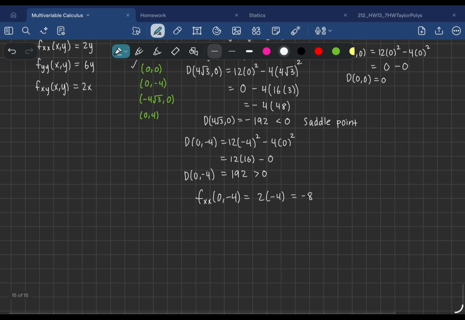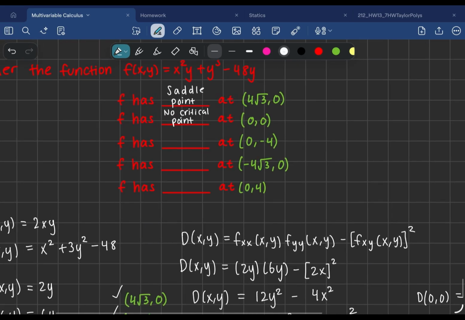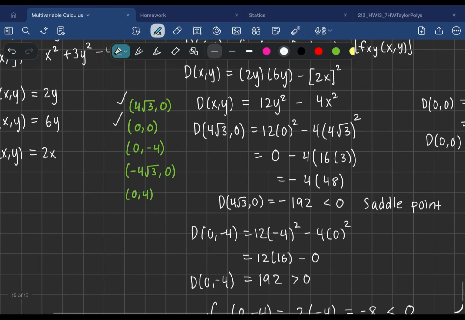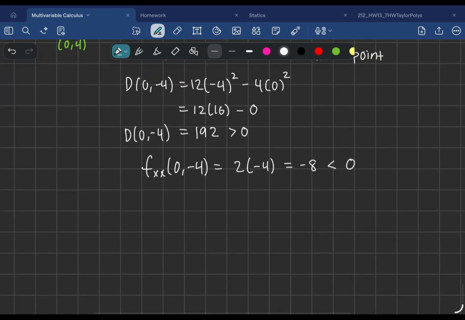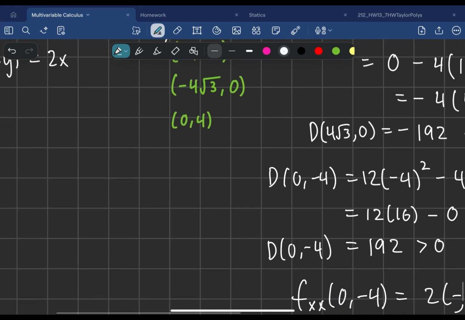Now since negative 8 is less than 0, your function is concave down, meaning that this point is going to be a relative maximum at 0, negative 4. So here, let's write relative maximum. So that's something that we should know. Okay, boom. Now that one's done.